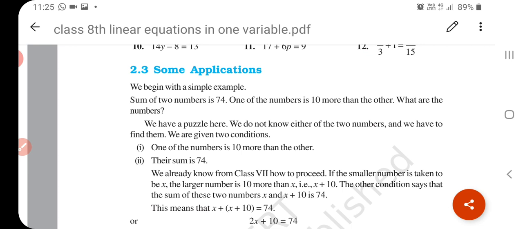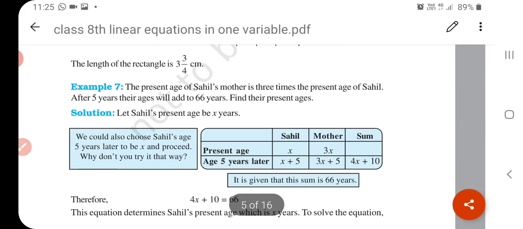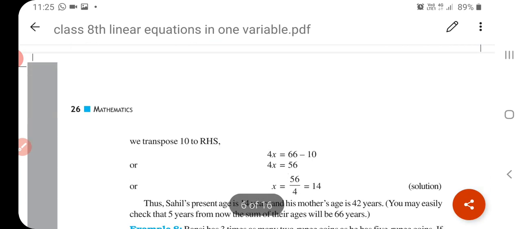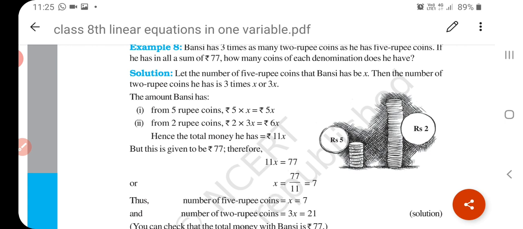Okay, and I will talk to you about which type of equation is reducible to a linear equation. And when we solve word problems, we know what the main point is. If we want to solve the word problem, what we learn: many problems in our daily life can be solved using algebra.